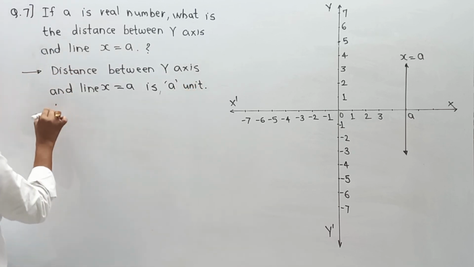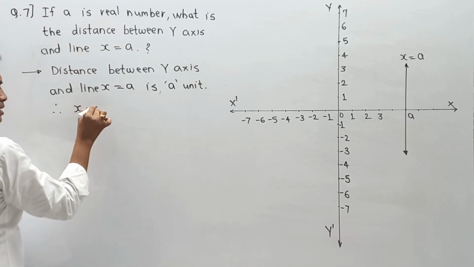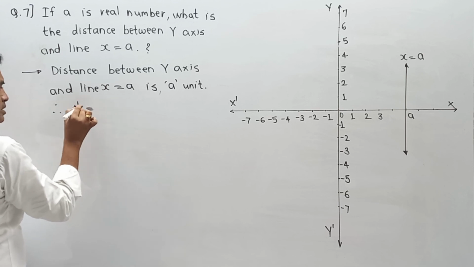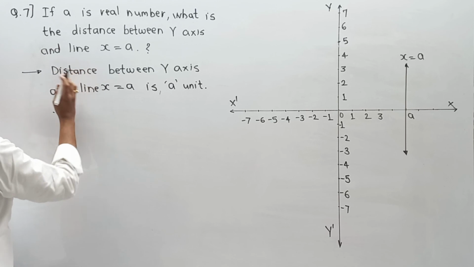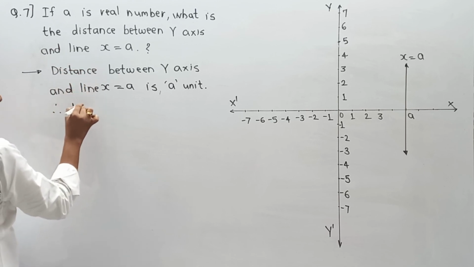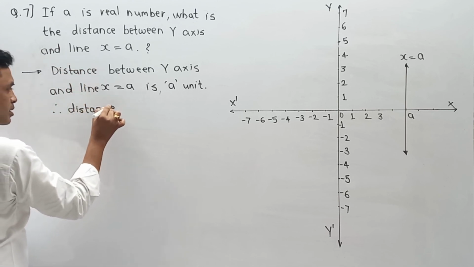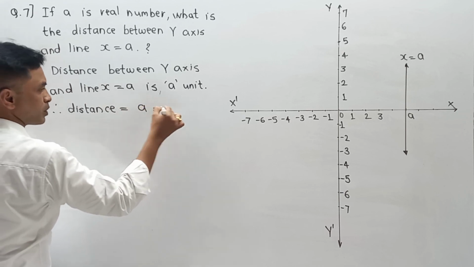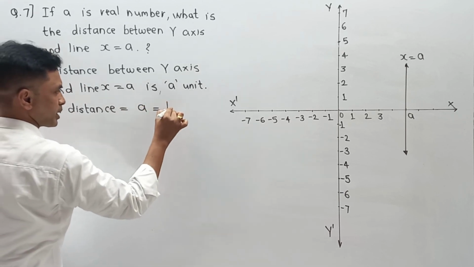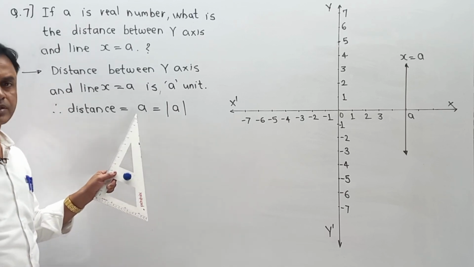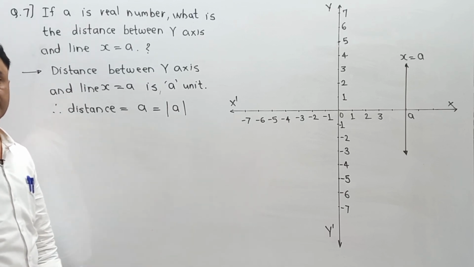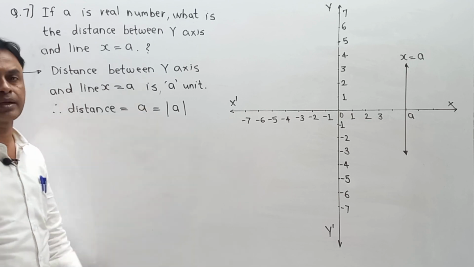Or you can also say x is equal to a, or you can say distance is equal to a units. Also, if you come to a negative part, we can take the modulus of a: if a is minus, again we take the distance as plus, and if it is plus we keep it as plus. In this way we can complete the exercise.